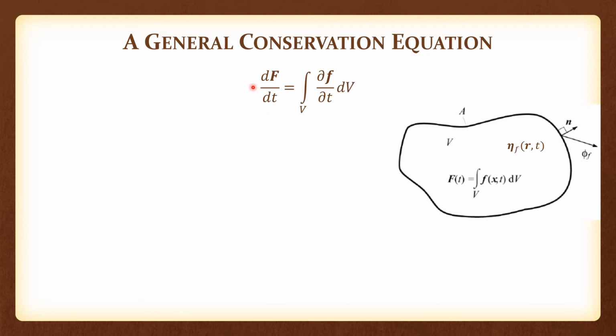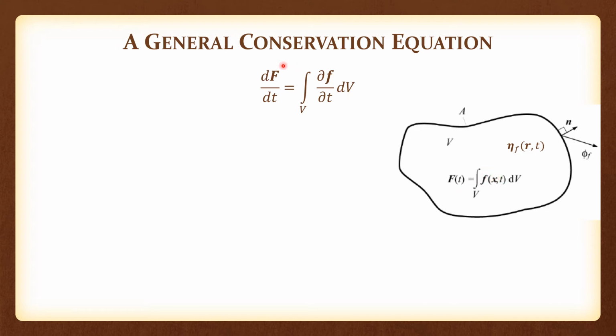Here is the key thing. dF by dt is given by the integral over volume of ∂f/∂t dV. This is the key expression that is important in obtaining your conservation equation, since capital F is the integral over the volume of small f.